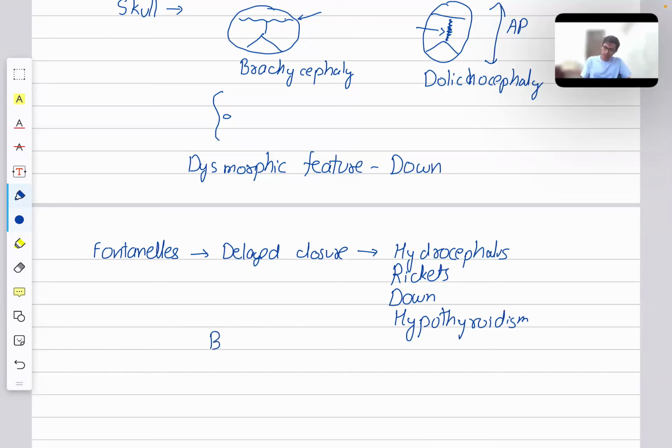What are the conditions where you see a bulging fontanelle? It would be seen in cases with increased intracranial pressure, and a depressed fontanelle is seen in cases of dehydration. Is that easy to remember? Quite logical enough to remember, actually.